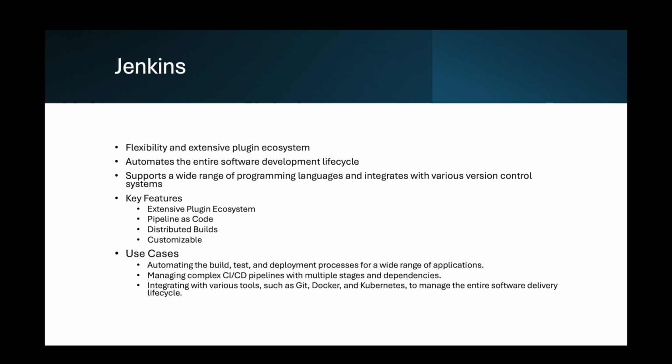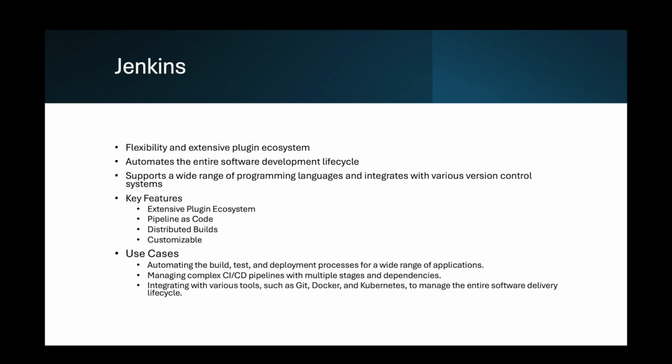Pipeline as code supports defining CI/CD pipelines as code using the Jenkinsfile, which can be versioned along with the source code. Distributed builds: it supports building on multiple machines to speed up the CI/CD process. It's highly customizable to fit specific project needs, including automated testing, deployment, and monitoring.